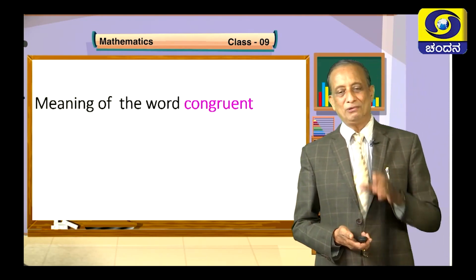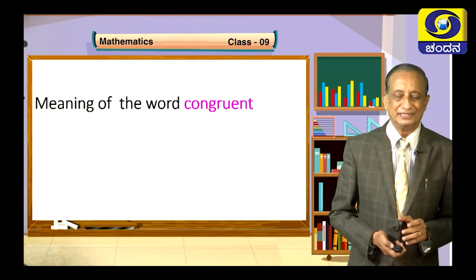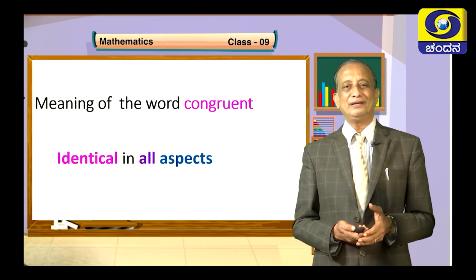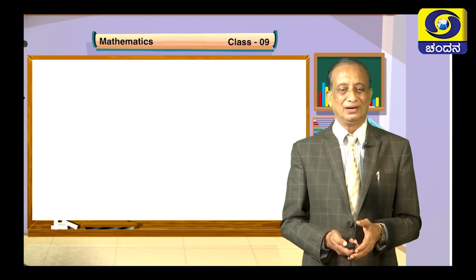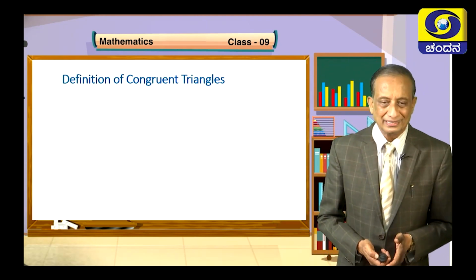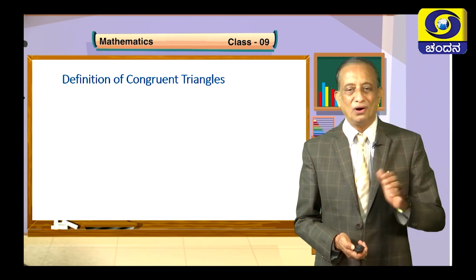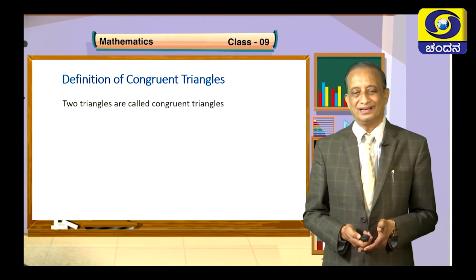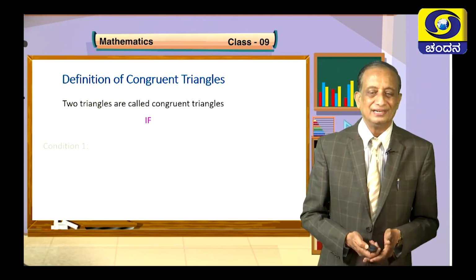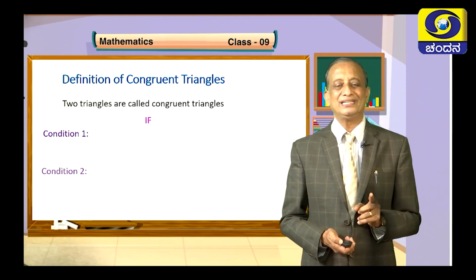Let me once again tell you the meaning of the word congruent. Congruent means identical in all aspects. Let us try to understand the meaning of congruent triangles in particular. Two triangles are called congruent triangles if there are two conditions.